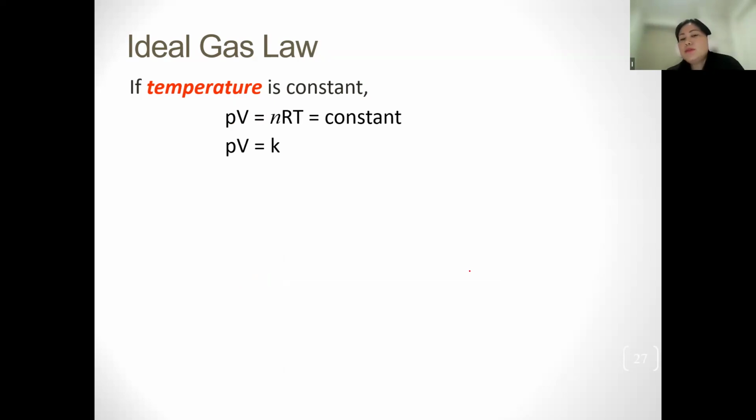Next, what else can we see from the equation? If PV equals nRT, N is 1, R is 8.31, and temperature is constant, we can say PV equals a constant. So the relationship here is that if P is large, then V must be small. Just as an example, let K be 6. If P is 3, V is 2, you get 6.